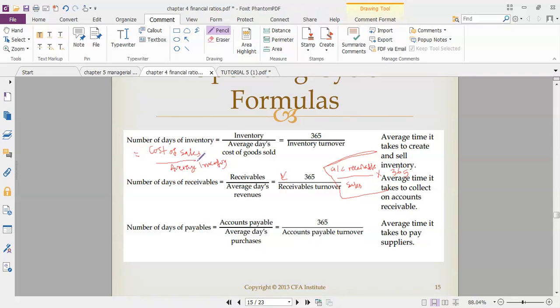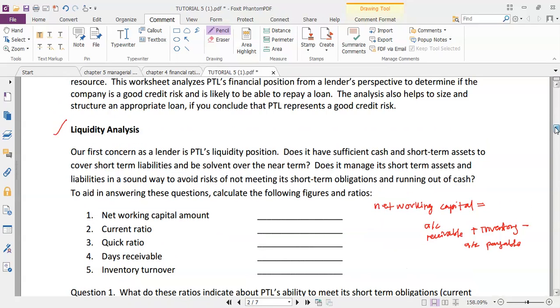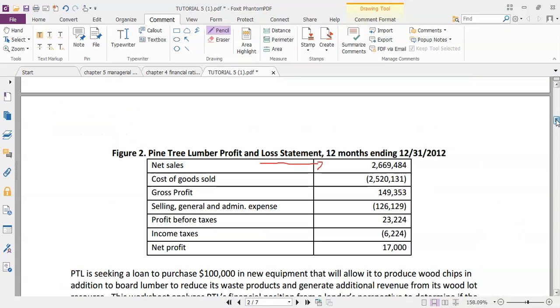This is the simple formula for you to calculate the number of days inventory, or inventory turnover.